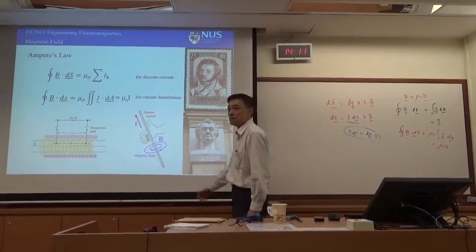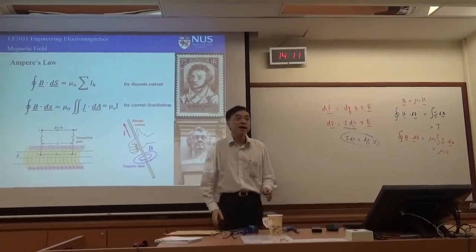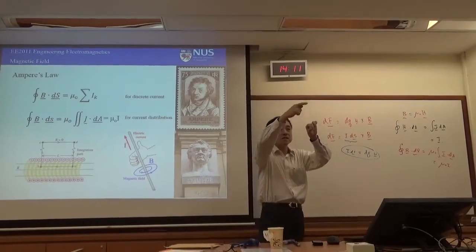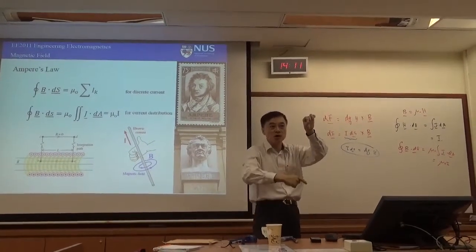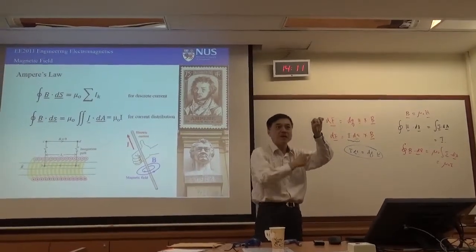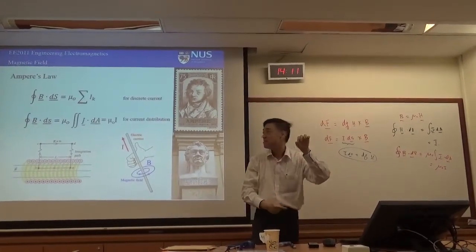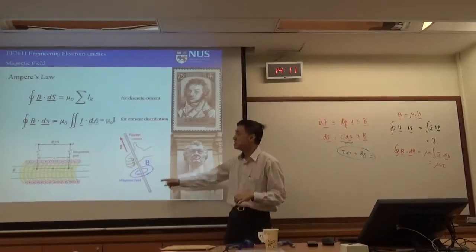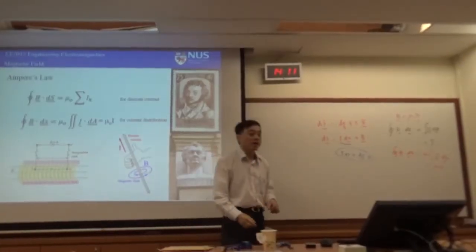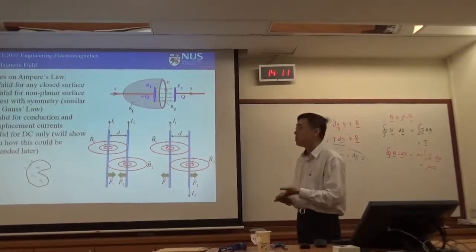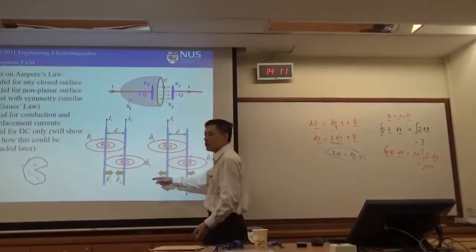Alright, so now we have Ampere's law, where it says that if you integrate over a closed contour the magnetic field intensity or magnetic flux density, what you get is the current enclosed. Ampere's law applies to all kinds of contour.